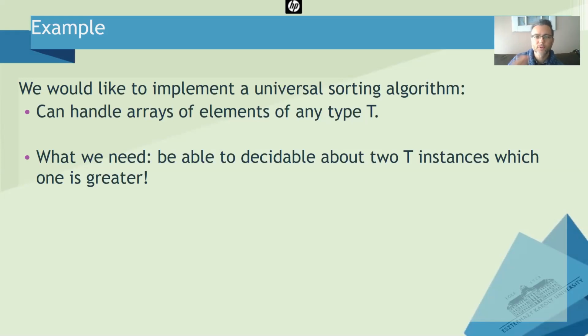So you learned about sorting algorithms, and sorting algorithms are universal in the sense that they can handle any types. If you want to sort integers, you use the same algorithms as when you want to sort floating point numbers or strings, or let's say you want to sort students based on their grades.